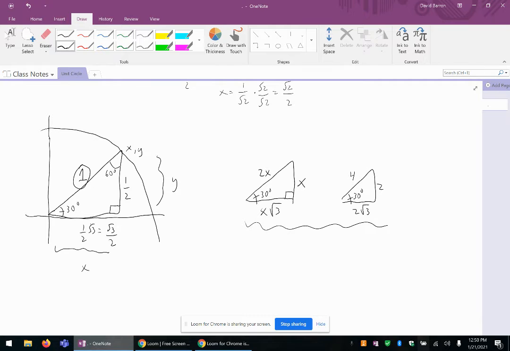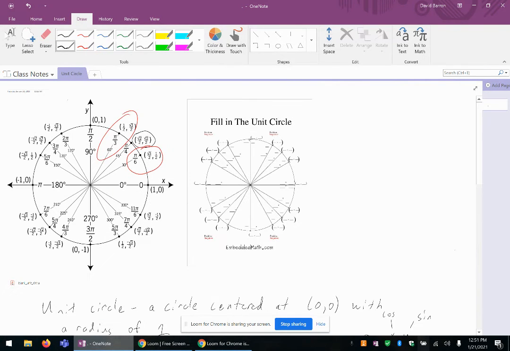And they noticed that when there was a 30-degree angle in a right triangle, the opposite side was always half of the hypotenuse. That's an empirical fact that's been measured, and we can use that to derive the x and y coordinates of our point on the unit circle here. So our x coordinate is root 3 over 2, and the y coordinate is 1/2, which matches what we've got here.